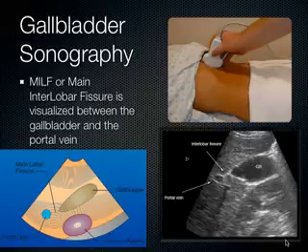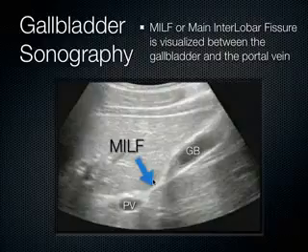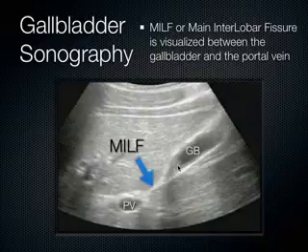And we can see the main interlobar fissure right here between the portal vein and the neck of the gallbladder. Another example of the main interlobar fissure is this example right here. I don't know why everybody always laughs at this. Here's the portal vein here. This is the gallbladder. And again, you're looking at an anechoic structure, like, oh, which one is the gallbladder?